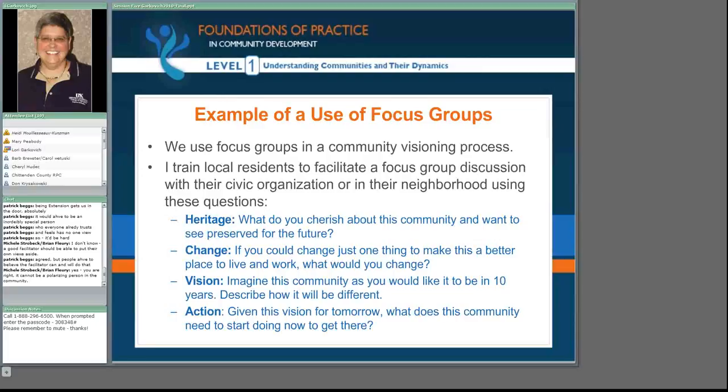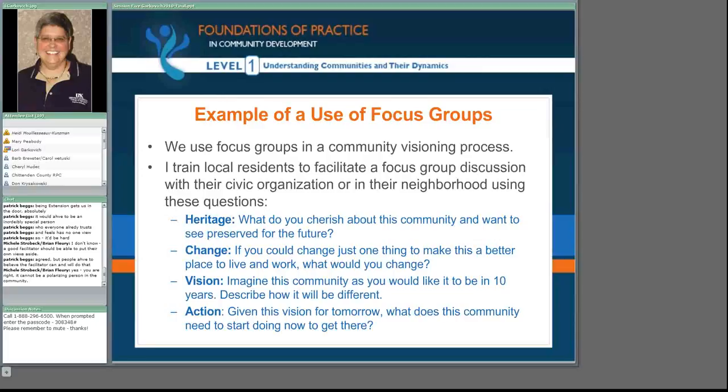But when we do the visioning process, we are training local persons to go back to their local group. So someone from the chamber says, I'm willing to go do that training and come back and lead a discussion.